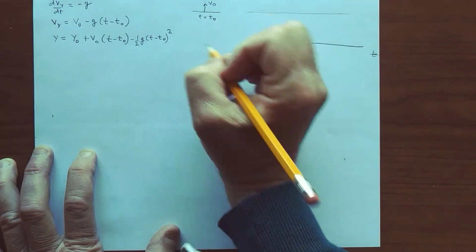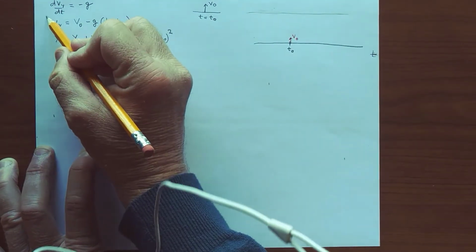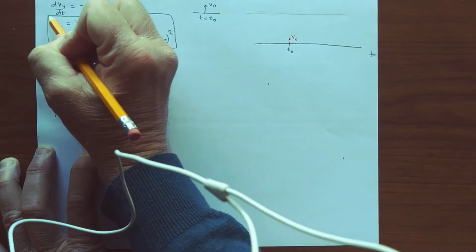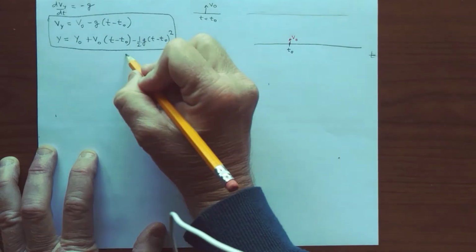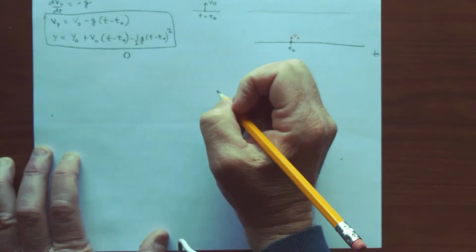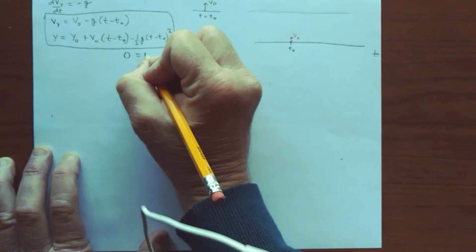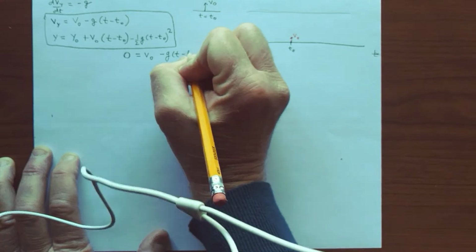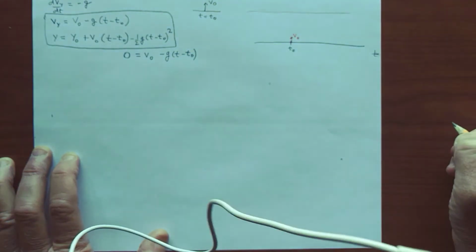Let's find when it reaches the maximum height. So these are the two kinematic equations. The object reaches its maximum height when the speed is 0, so that equation is v naught minus g times t minus t naught.